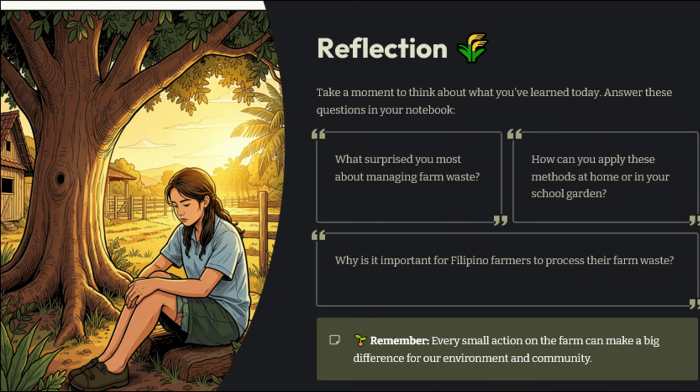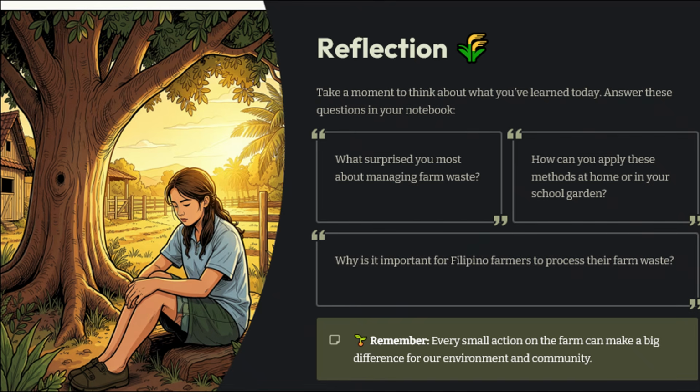Farm waste should not be considered useless. With proper management and processing, farm waste becomes compost, fertilizer, livestock feed, and other valuable resources. By processing farm waste, farmers can improve soil fertility, reduce production costs, minimize environmental pollution, and promote sustainable agriculture.